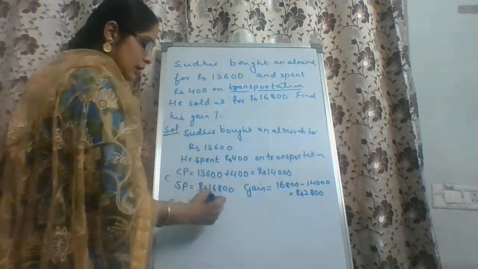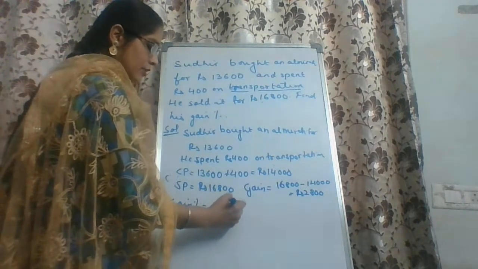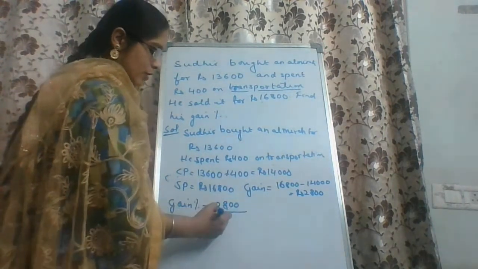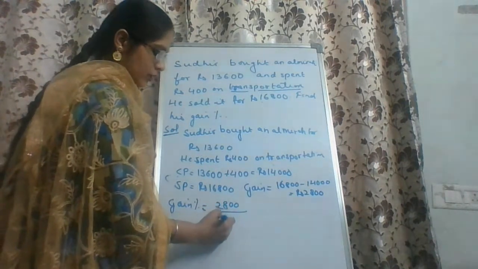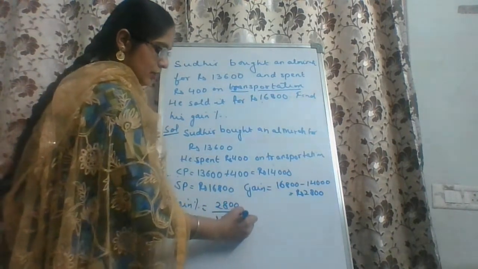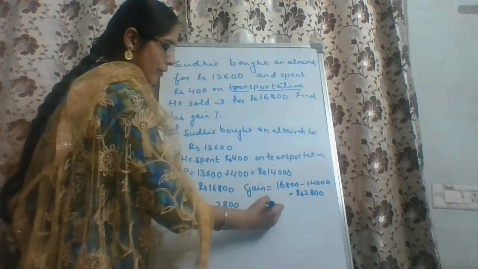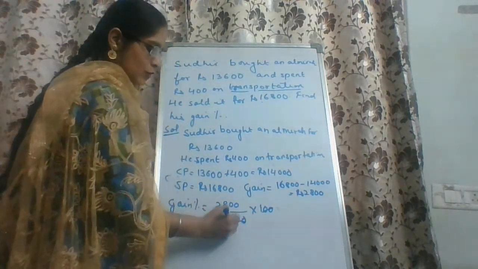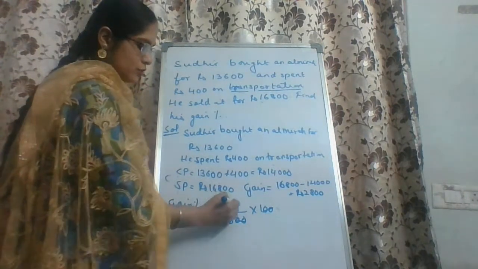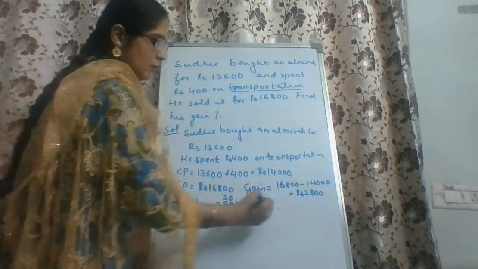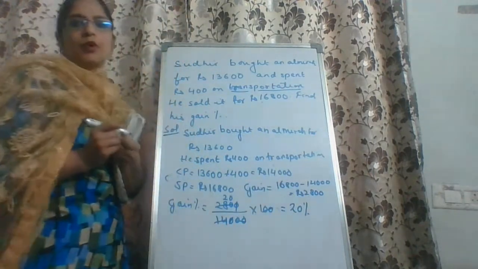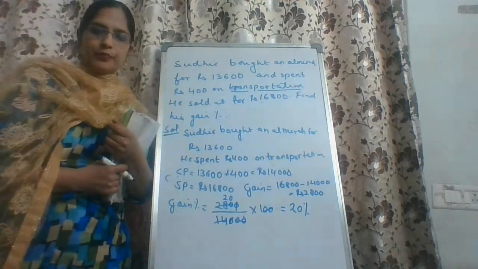So what is the gain? 2,800. You should write the formula, but I don't have much space, so I'm just writing it directly. 2,800 upon 14,000 multiplied by 100. One more zero goes here. 14 two times is 28 and one zero is there. So it is 20% profit.